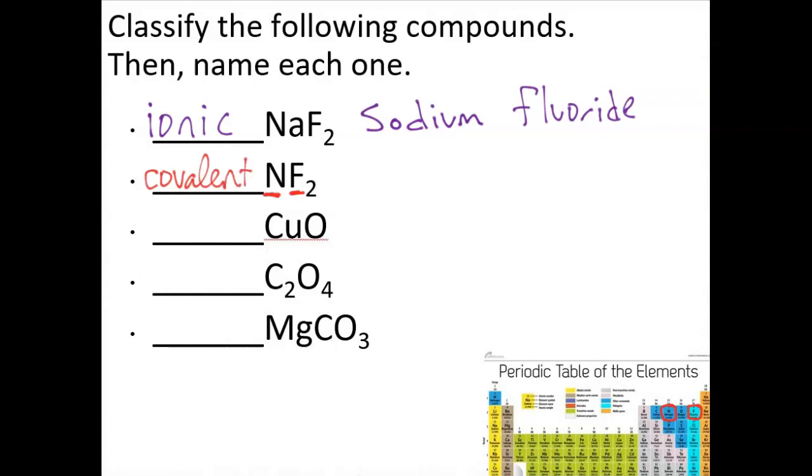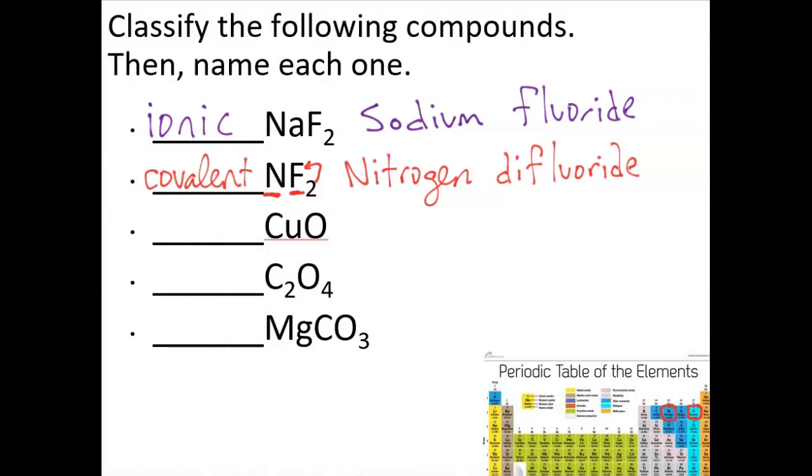So since I do need prefixes, the first element is just nitrogen. If there's just one of the first one, you don't need to say mono, so we'll just say nitrogen for N, and there's two fluorides. That means we have to say difluoride. So look at the difference between these first two. The one in purple, NaF2, was ionic, so it didn't need the prefix for 2. The second one was covalent, so it did need the prefix for 2.